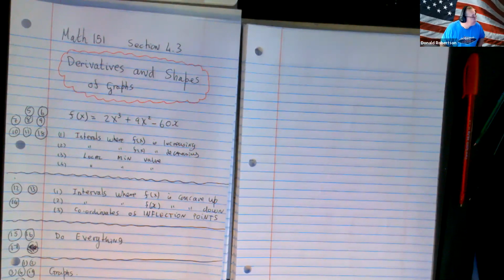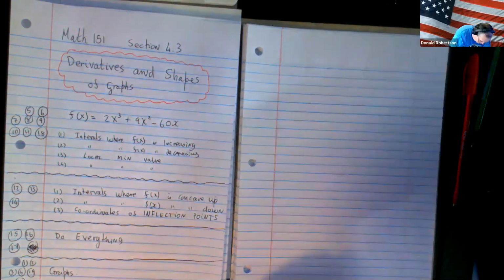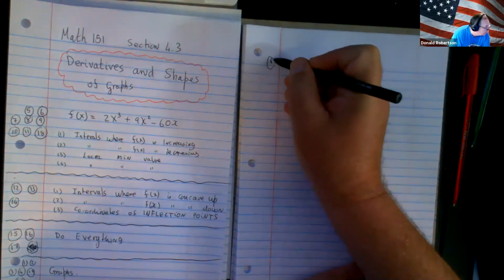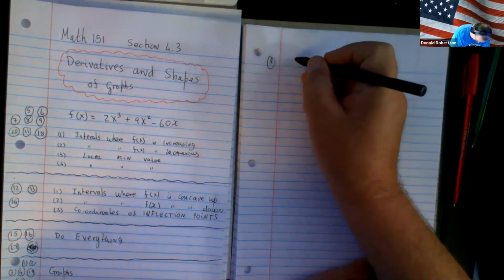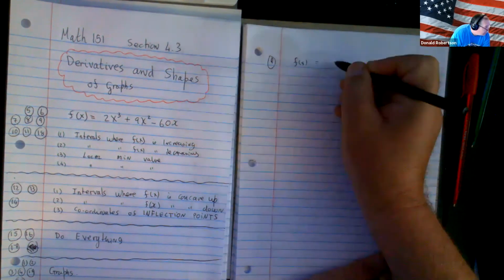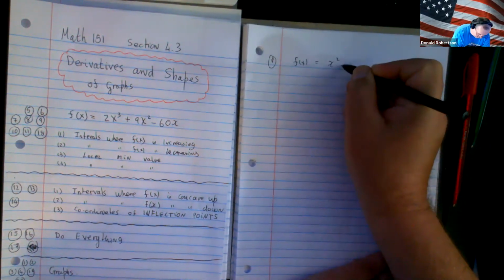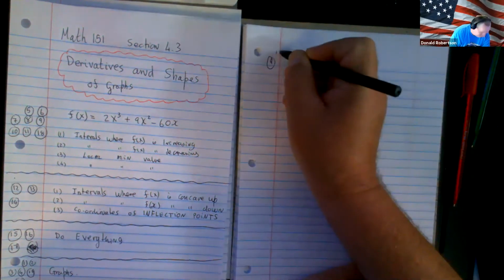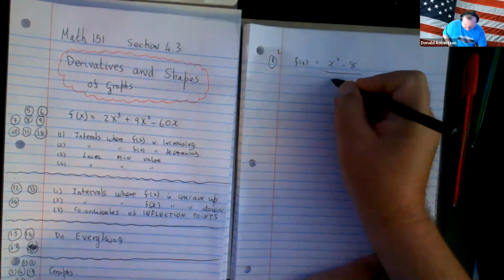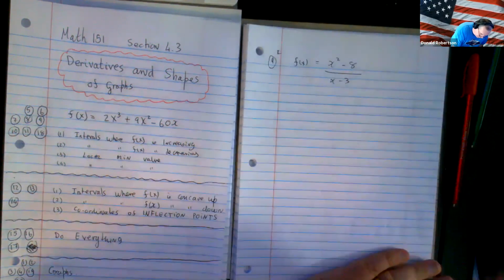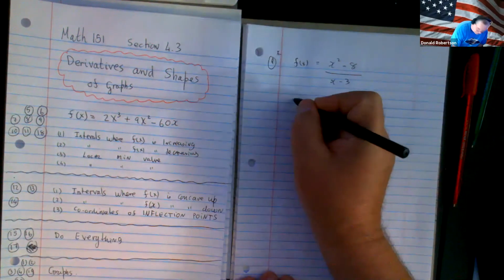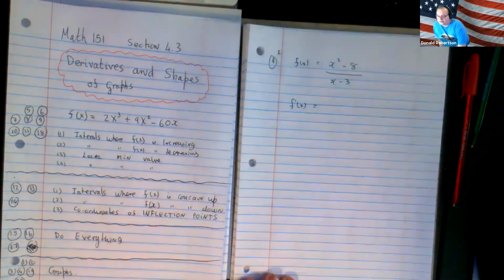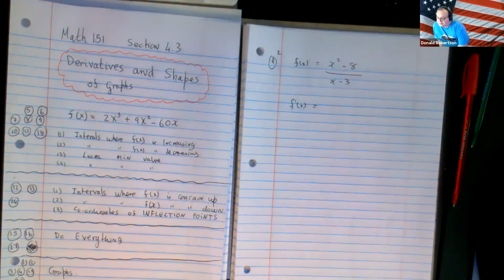So let's do an example of a rational function, or at least part of that question, because you notice I'm not finishing them. This one is like question 9. Would you agree this is just a quotient rule, nothing that special?